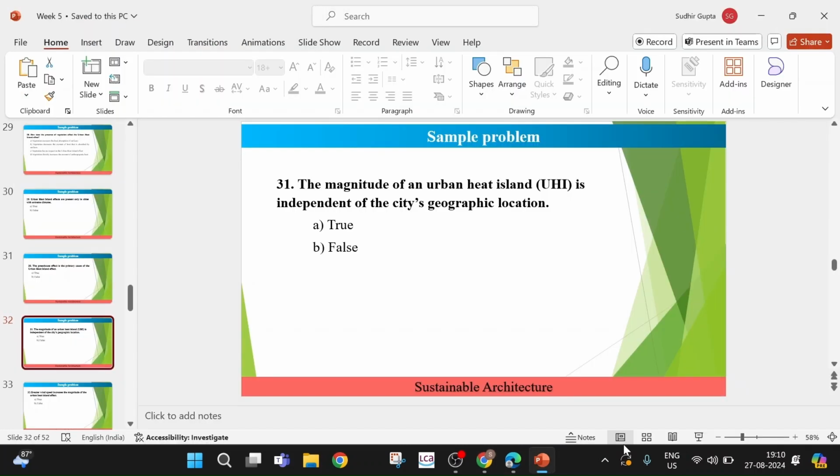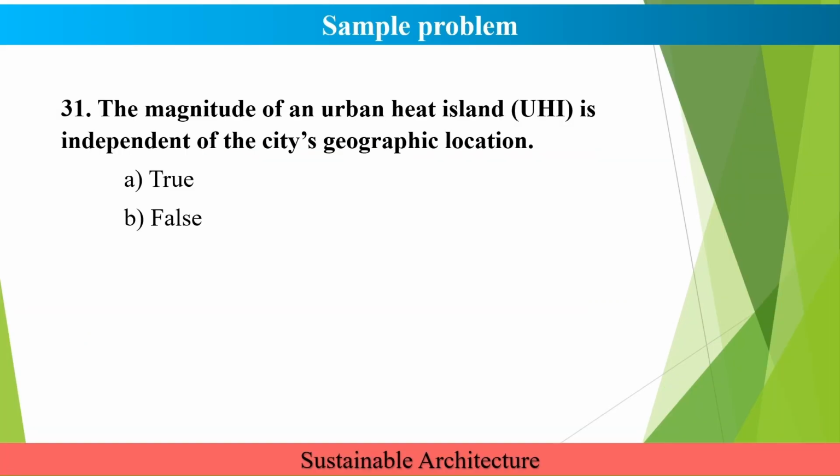Here is the question for all of you who want to see. Is it true that the magnitude of urban heat island is independent of the city's geographic location? False. So false is the right answer.